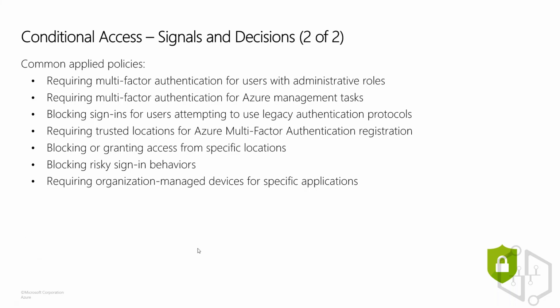If I see a risky sign-in behavior, I would want to block that access. Can you see the last one? Requiring organization-managed devices for a specific application. If you are accessing it from a home laptop or home PC, I will completely block that content. Maybe your kid is using that, or somebody by mistake may have logged into that application, which is very much possible. So by using these mechanisms, I can enforce conditional access to my environment.